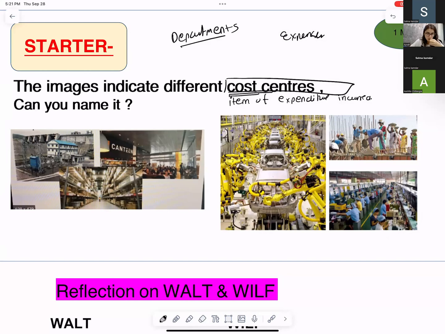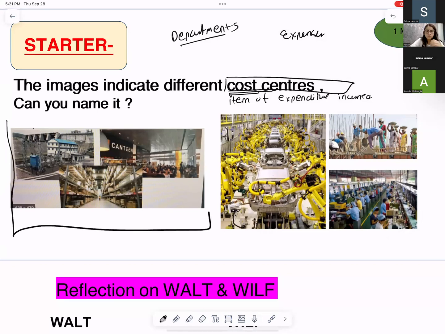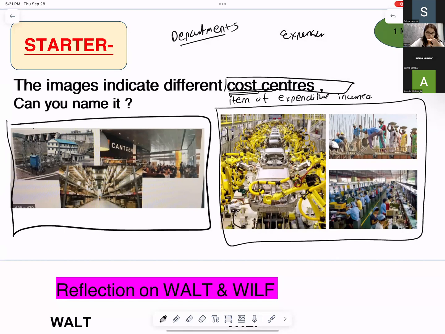So can you give an appropriate word? A proper word that you can give to this type of cost centers and a proper word that you can give to this type of cost centers. External, internal, I think. I don't know.